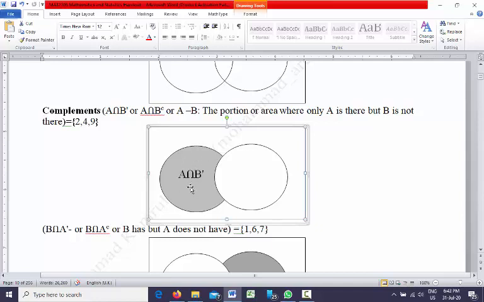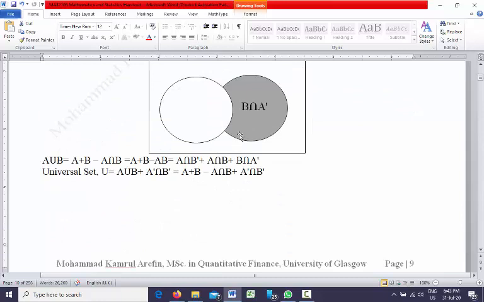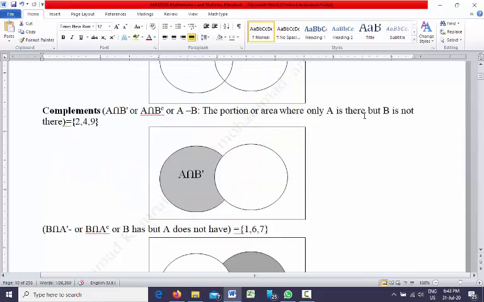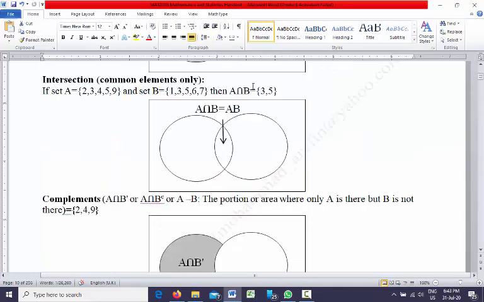So you can add the area where only A is there, and again you can add the area where only B is there, that is B intersection A prime.